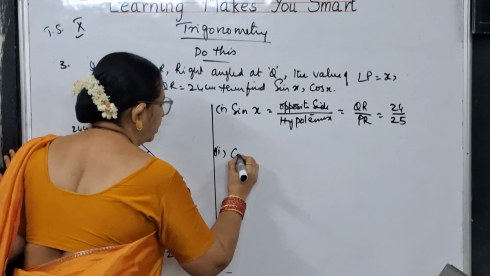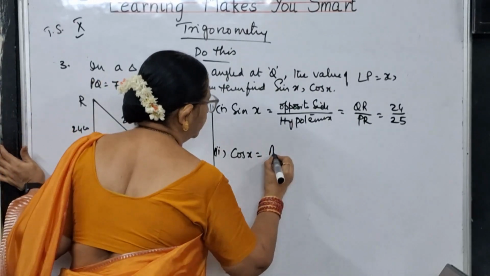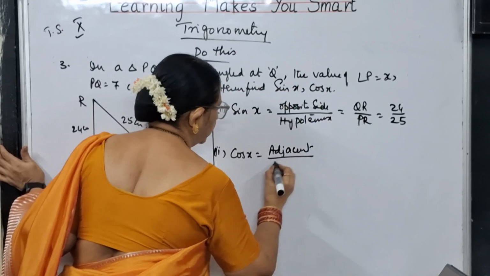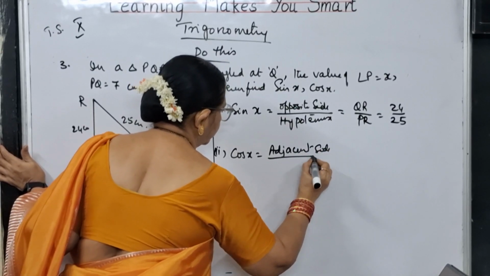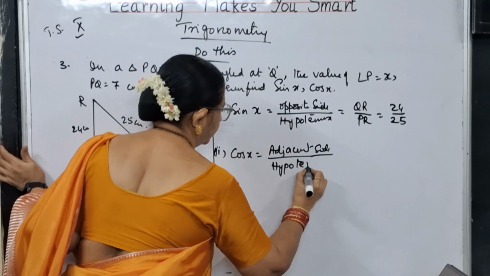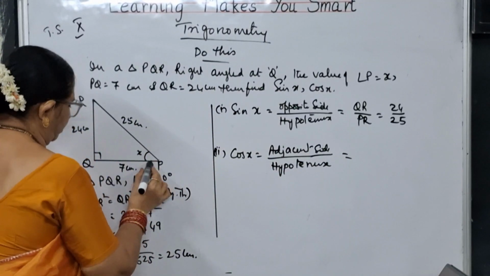Now the next one they are asking about cos X. Cos theta formula is adjacent side by hypotenuse. So what is adjacent side for this X?